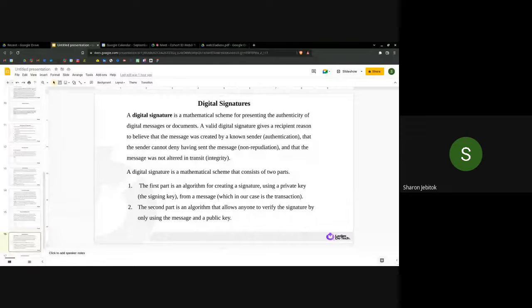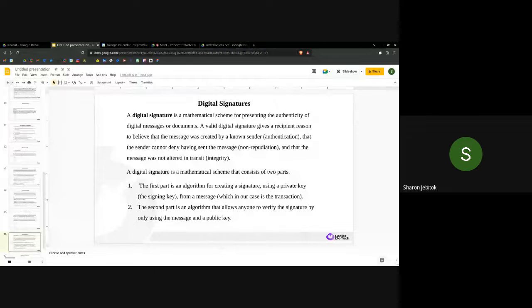In this case, the message is the transaction. So there is an algorithm that creates the signature using the private key of whoever is sending this transaction. For me as a user, it will be the private key of the MetaMask account that I'll be sending my transaction from.